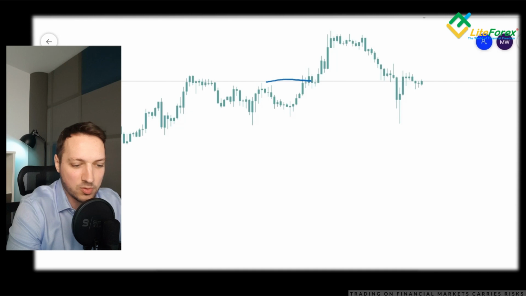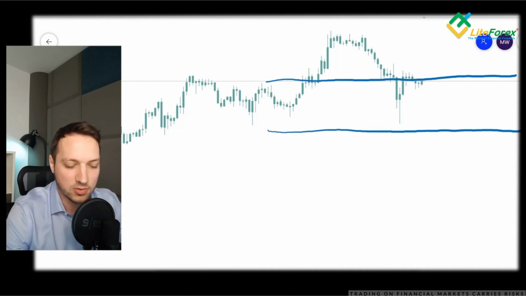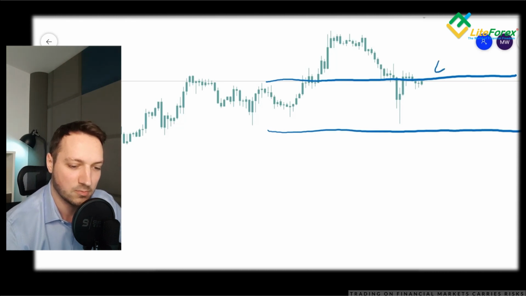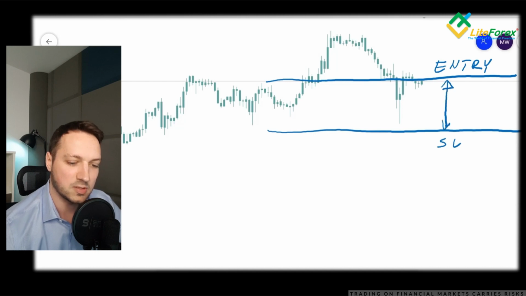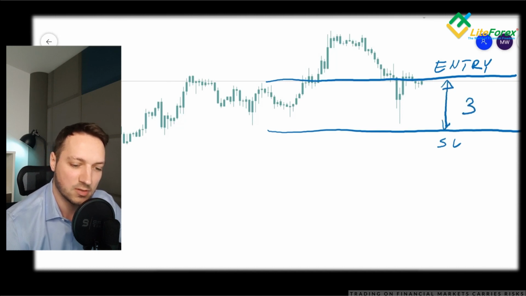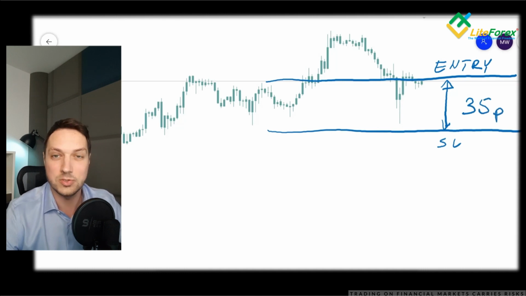Our entry point would be somewhere around here, and our stop loss somewhere around here. Let's mark it. This is our entry point and our stop loss. The distance between entry and stop loss is 35 pips. I measured it before, so you need to trust me.